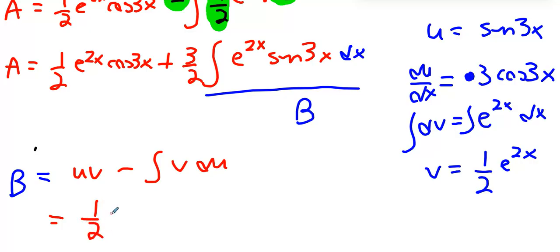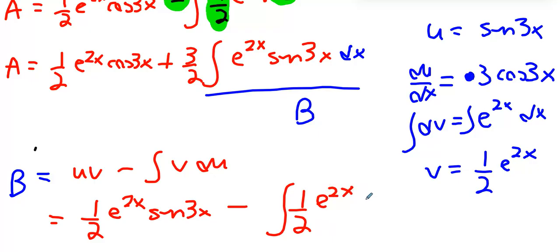Half e to 2x sine 3x minus the integral of v du, so it's going to be a half e to 2x, and then du dx 3 cos 3x.